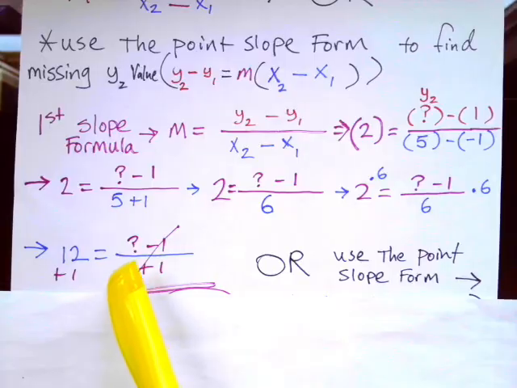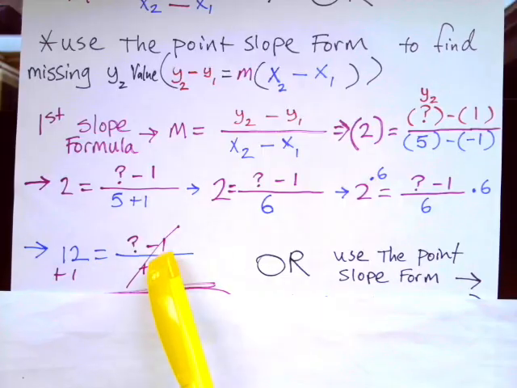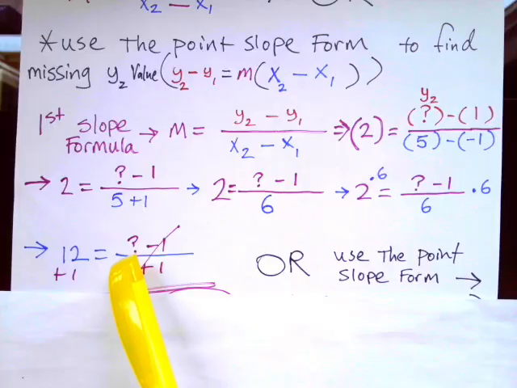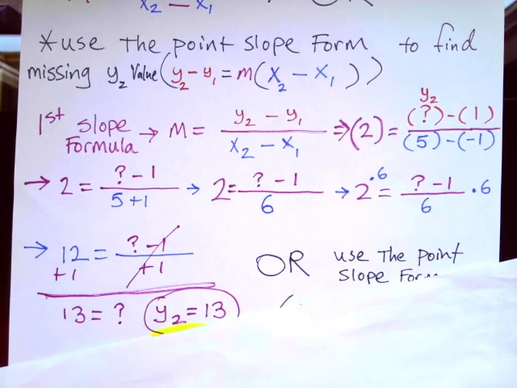Adding 1. So what I do to the right side of the equal sign, I've got to do to the left side. 1 plus a negative 1 cancels to be 0. I'm left with my y2 or question mark value. 12 plus 1 is what? 13. So I'm going to show you here how 13 equals my question mark.